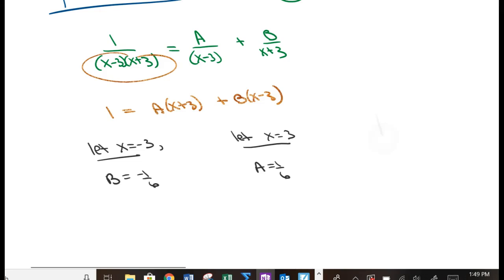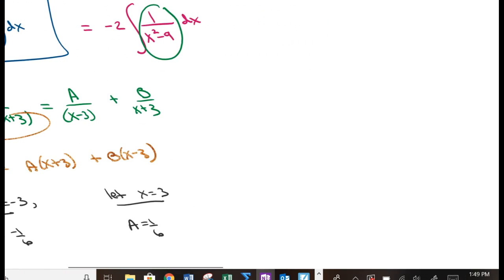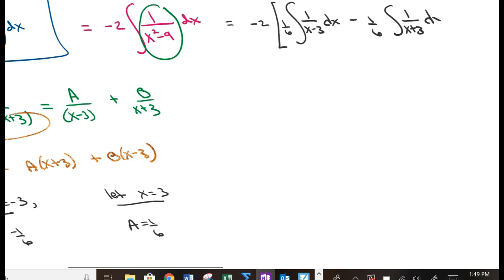So then at the end of the day here, I'm going to go back and make sure I don't lose anything. This becomes -2 times the antiderivative of 1/6 times 1 over x minus 3 dx minus 1/6 times the antiderivative of 1 over x plus 3 dx. And I'm going to be very careful. I'm not going to lose anything here.